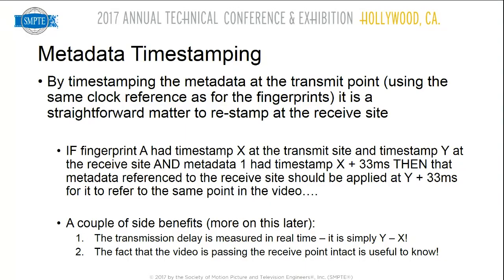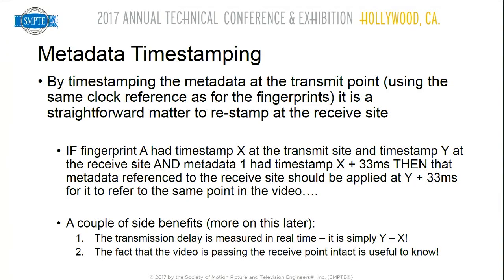So if we know a segment starts at 1 minute 33 seconds and 48 milliseconds since the beginning of the hour, and that is, in this example, 33 milliseconds after a particular fingerprint, when we see that same fingerprint, we know we're synchronized.